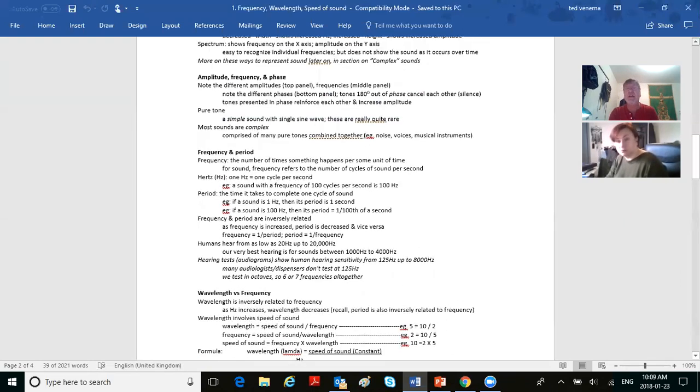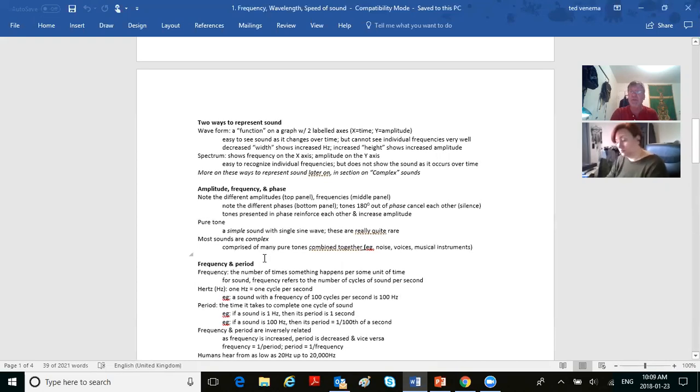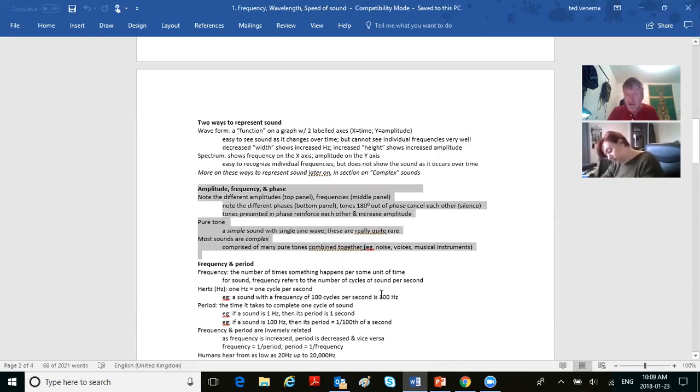Three main things, essentially. We talked about two ways to represent sound, waveforms or sound waves, and spectrums or spectra. Then we reviewed the three elements of sound, amplitude, frequency, and phase, or you could call those the three dimensions in which sound takes place.